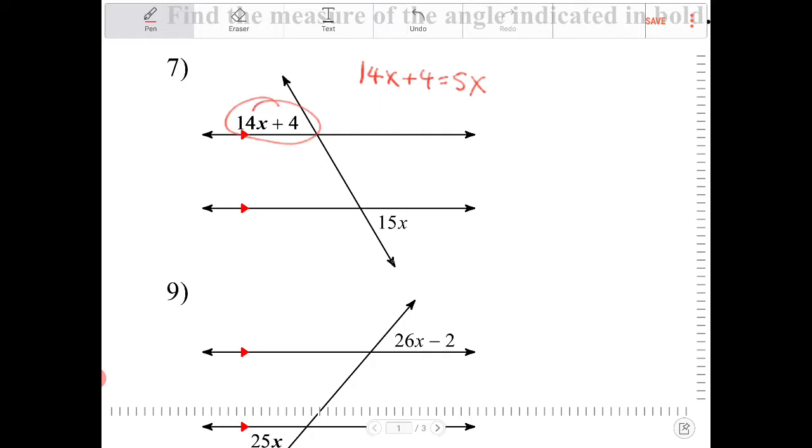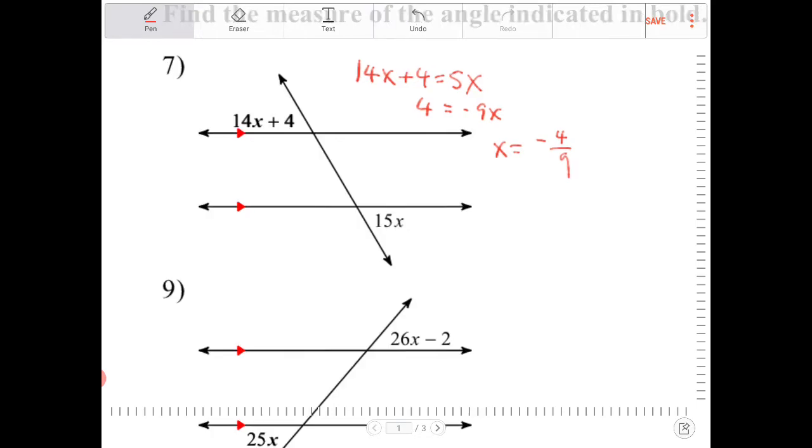Even though we're asked to find this, if we find either that or this, they will be the same. It doesn't matter. By isolating the unknown, I'm going to subtract both sides by 14x. I end up with negative 9x is equal to 4. Divide both sides by 9. I end up with x is equal to negative 4/9.